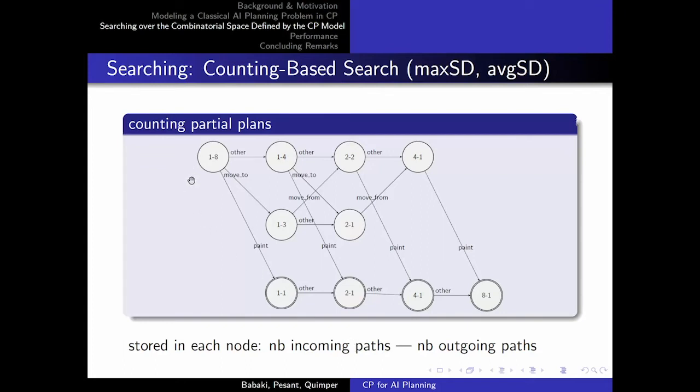And that information is being used to choose the next variable to fix, to branch on, and the value to give to it. Just to give you a bit of an idea, for example, if we look at the red arc here, that corresponds to a move from action in the second step of our plan, we can multiply the number of incoming paths, this is 1 here, by the number of outgoing paths, 2.